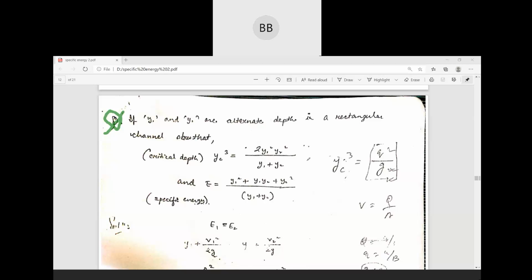So yc is nothing but our critical depth, and we all know if y1 and y2 are the alternate depths, that means the specific energy with respect to y1 and specific energy with respect to y2 will be the same. Because here it is mentioned y1 and y2 are the alternate depths.